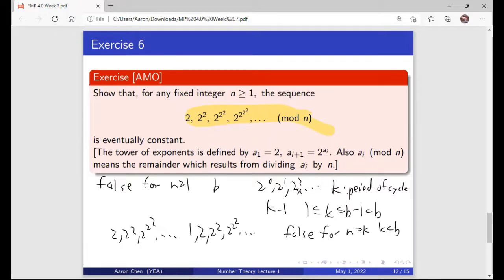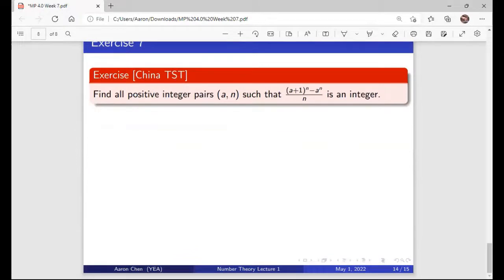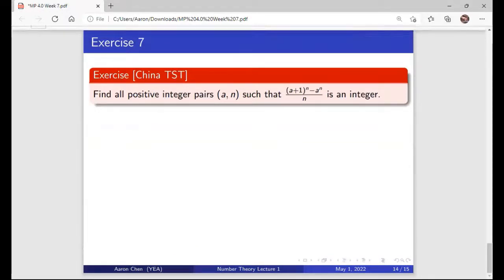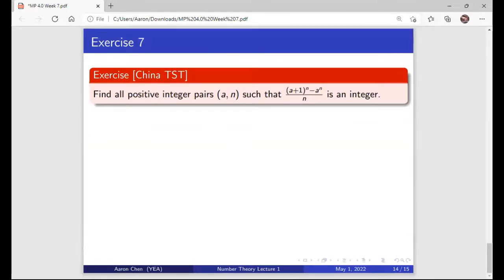Now let's move on to the final problem for today. If you have any questions, please ask, and if you get a response to this question, you can just send an outline.